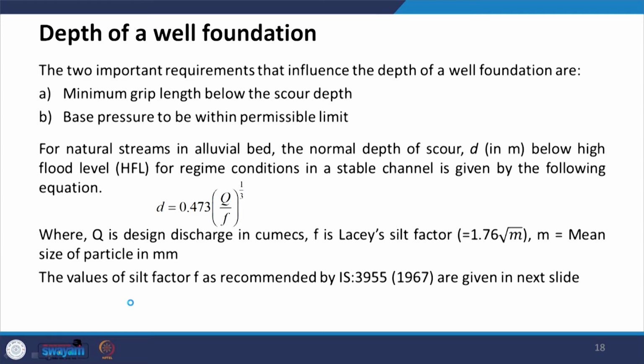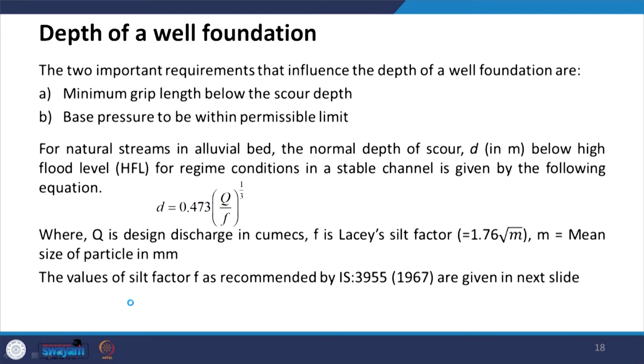So, below the scour depth, at least you need to provide some minimum grip length, which we are going to discuss in detail. Then, base pressure to be within permissible limit. So, whatever pressure is coming on the base should not exceed the safe bearing capacity of the soil. That is the general principle that needs to be followed.